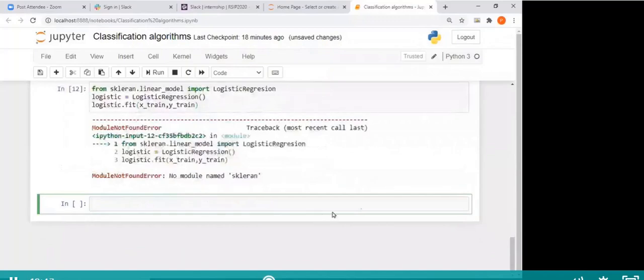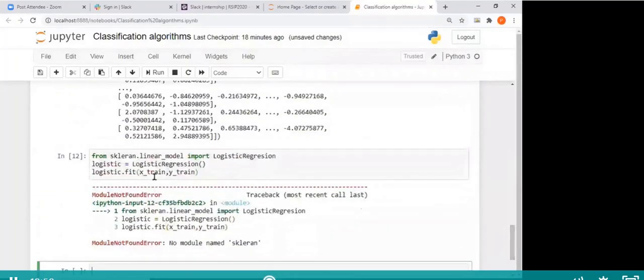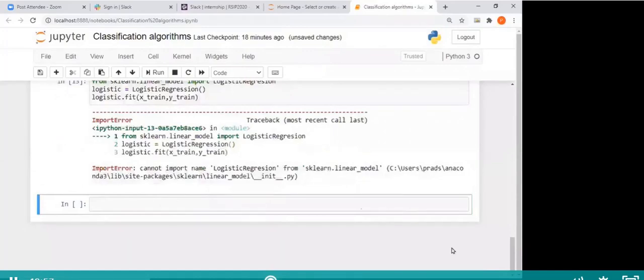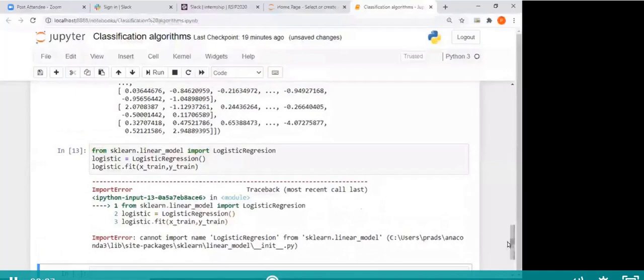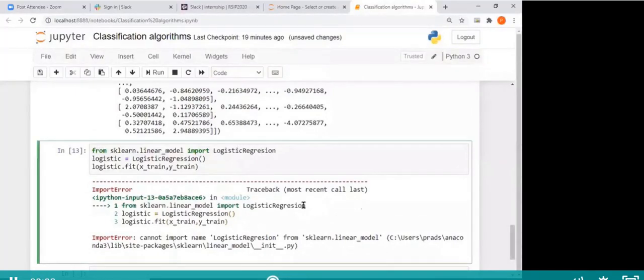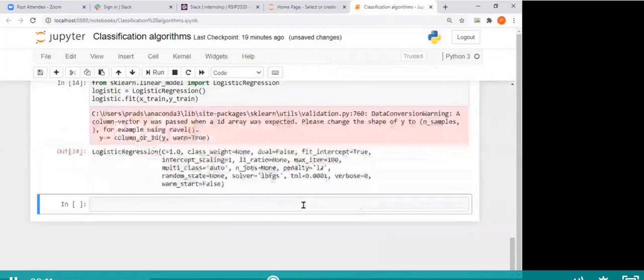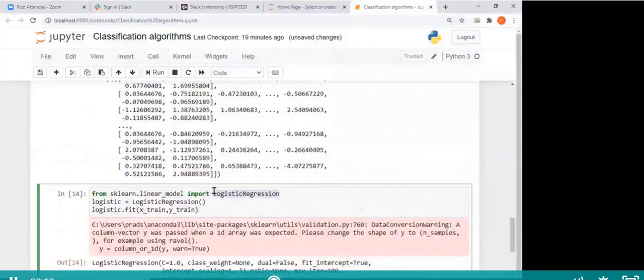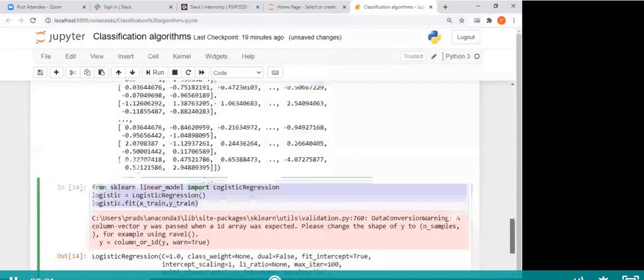So I am training my algorithm. I had given the wrong spelling for logistic regression. All right. So now my data got trained.